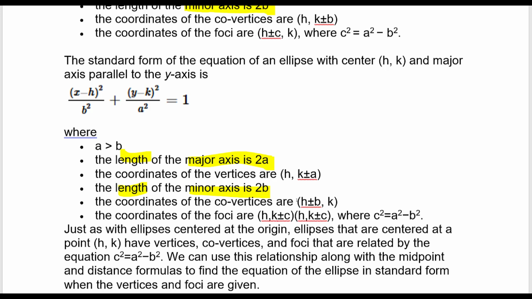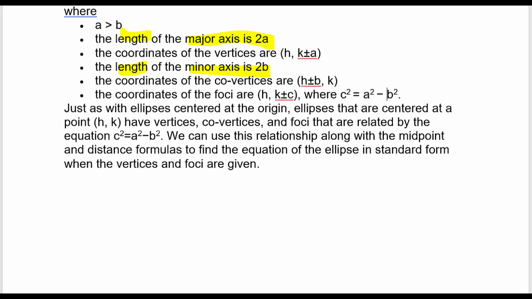Coordinates of the co-vertices are h plus or minus b comma k, because that's going to be on the horizontal versus this on the vertical. And then the coordinates of the foci are h comma k plus or minus c, where again, c squared is a squared minus b squared.